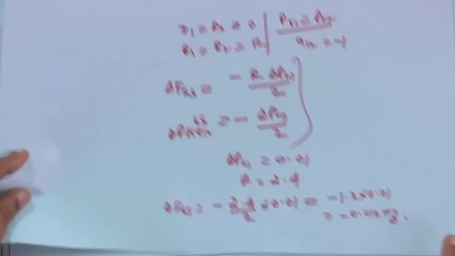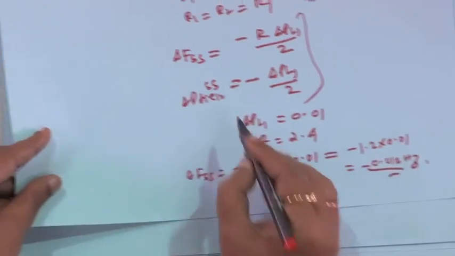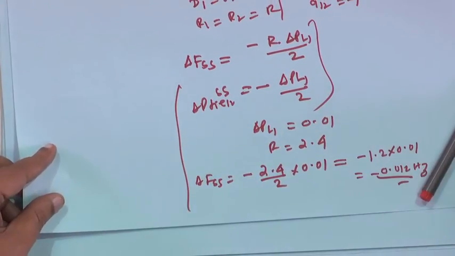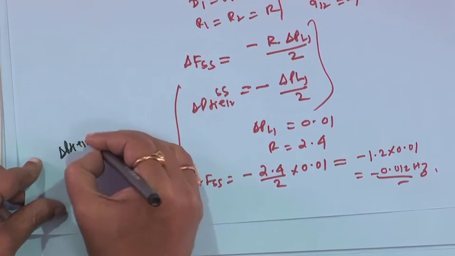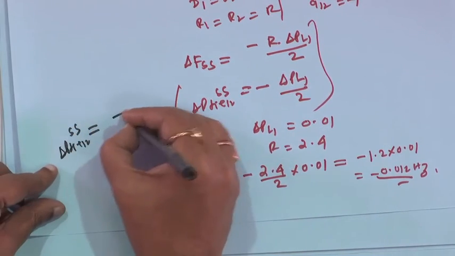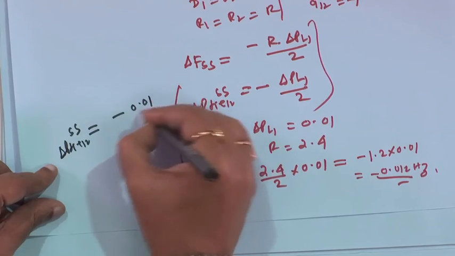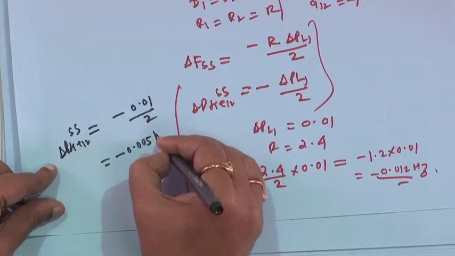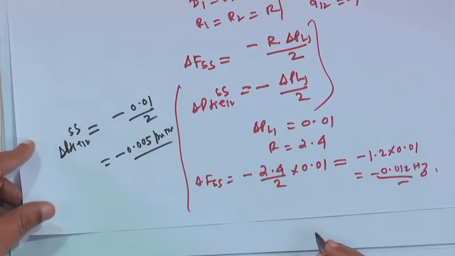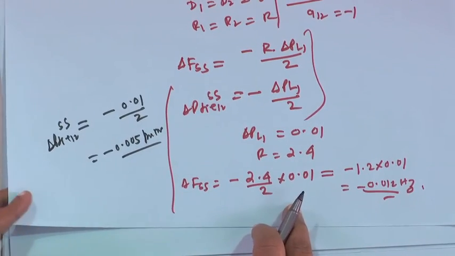This is the steady state value. For tie power, delta P tie 1 to 2 steady state is equal to minus 0.01 by 2 per unit megawatt, which is minus 0.005 per unit megawatt. This will be very helpful from a numerical point of view.